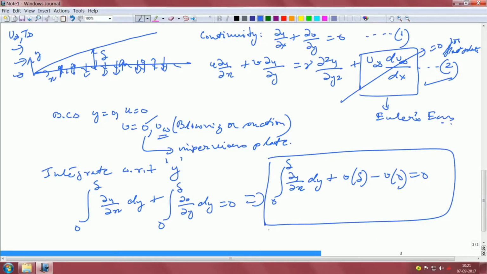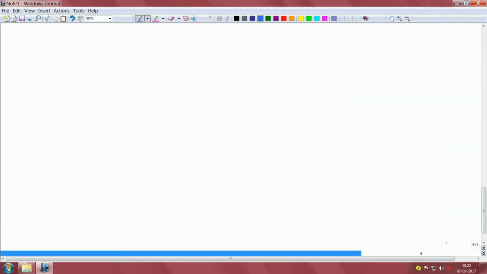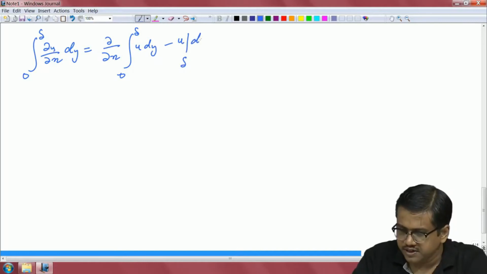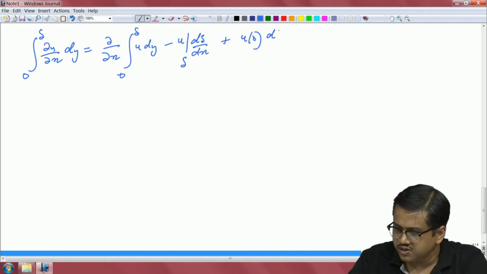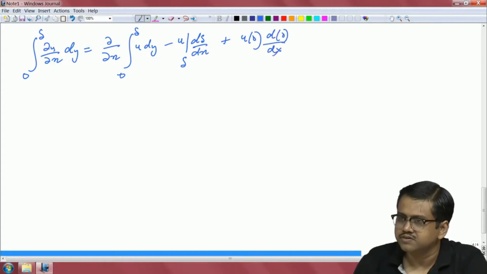That is the form. Now, we are going to apply Leibniz rule on this. Okay, we already established the Leibniz rule. Now, we are going to apply it first to our continuity equation. Okay. So, by Leibniz rule, this integral of du/dx dy will be d/dx of integral of u dy minus u at delta d delta/dx plus u0 d0/dx, right.